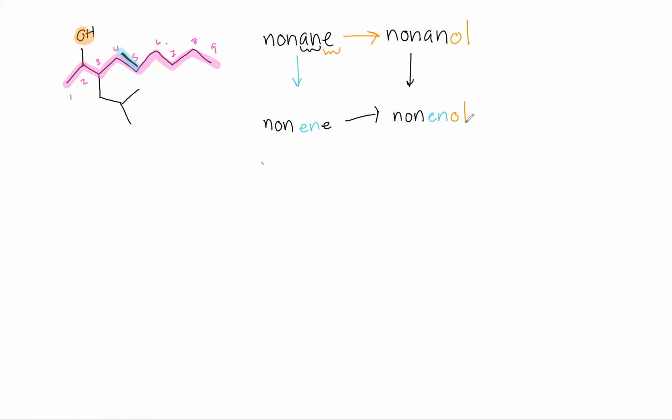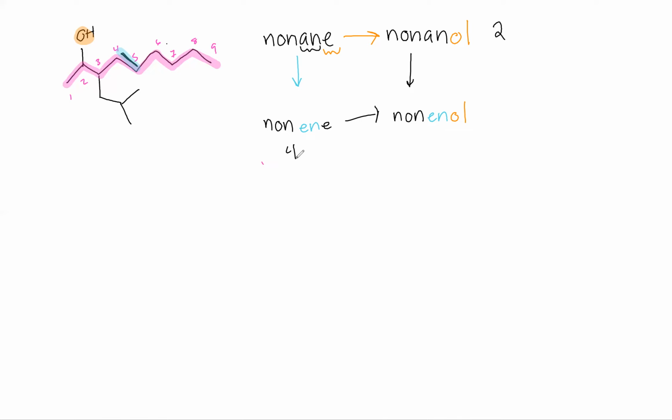So that means our last parent name here is going to be non-enol. All right. And so, of course, we're going to have to number this. So the alcohol is going to be on carbon 2. And our alkene is going to be on carbon 4.